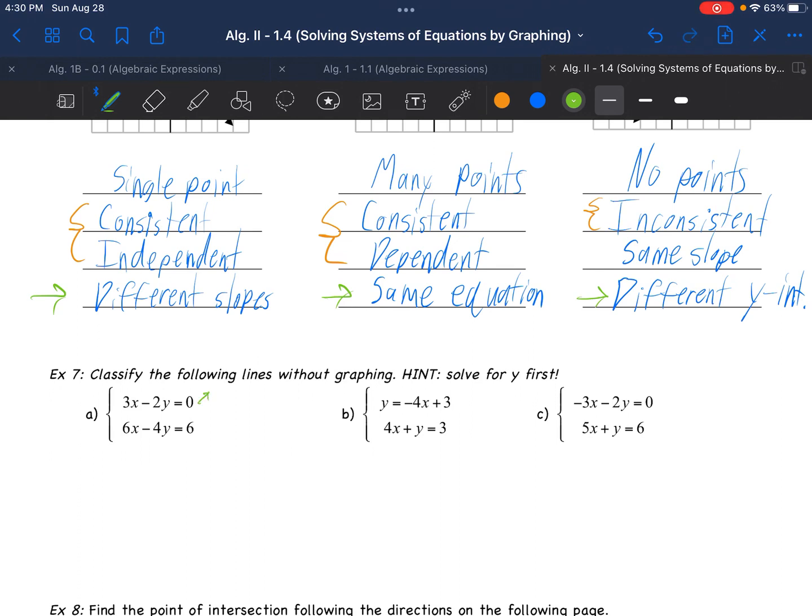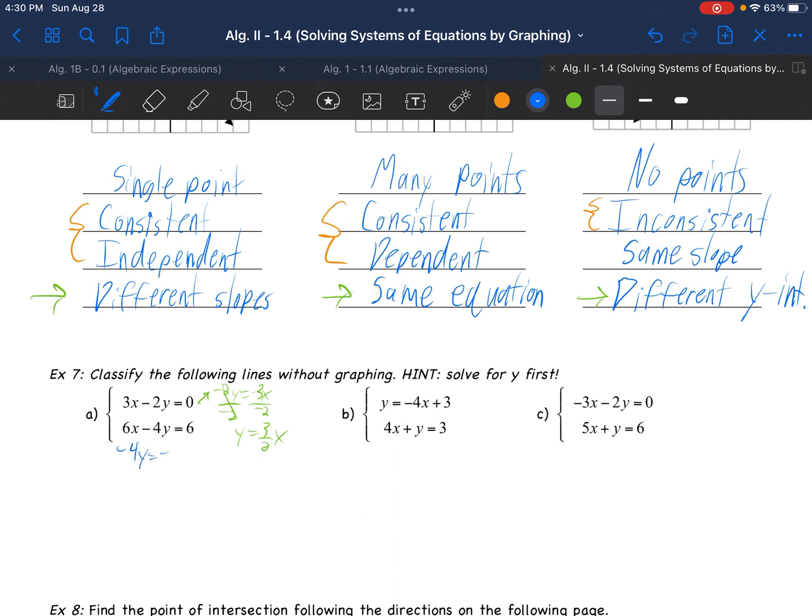Solving this first equation for y, I'm going to put an arrow to say, hey, I'm working up here. I'm going to subtract 3x from both sides and get -2y equals -3x plus 0. Don't even have to write that plus 0 though. Divide by -2. y equals +3/2 x. On to the other equation.